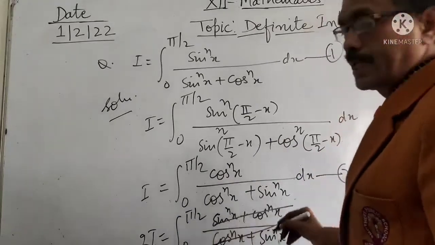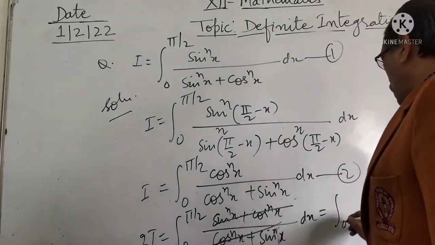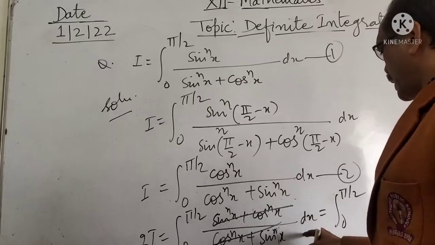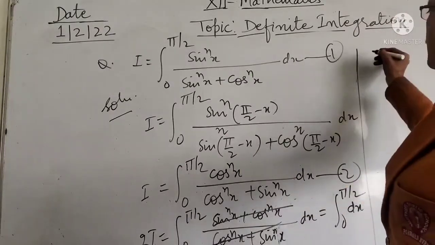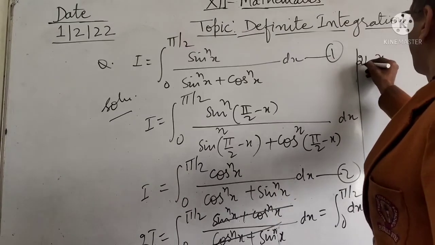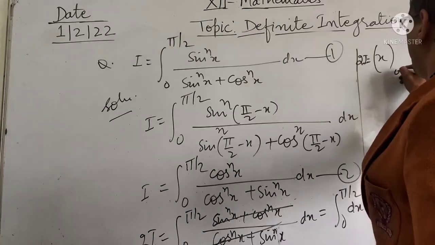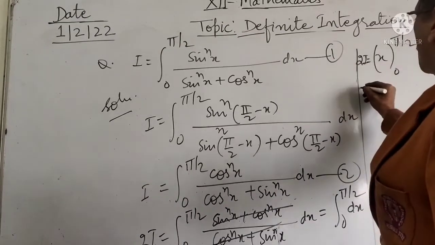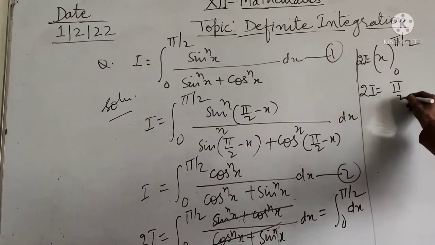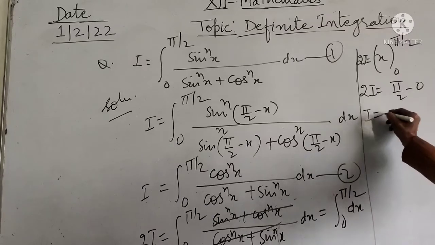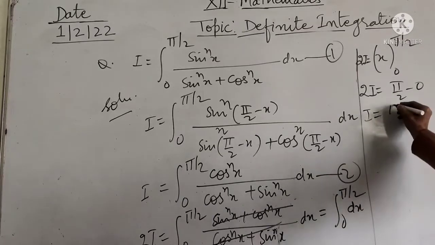So it is cancelled. It is 0 to pi by 2 dx. Integration of dx is x, limit 0 to pi by 2. So 2I is again pi by 2 minus 0, and the value of I becomes pi by 4.